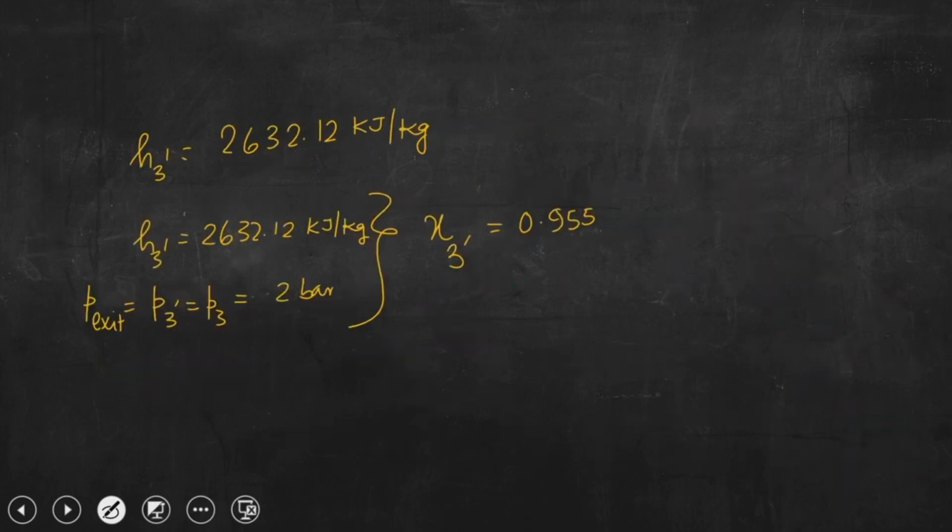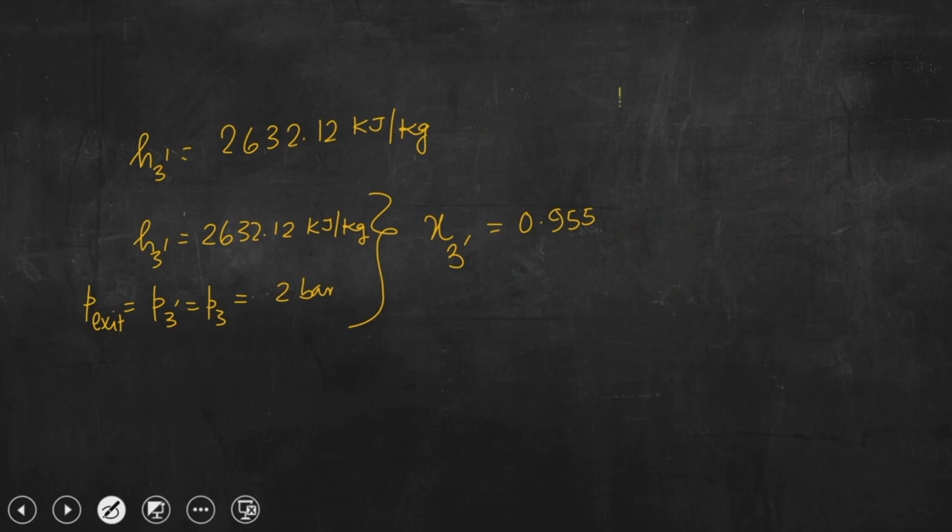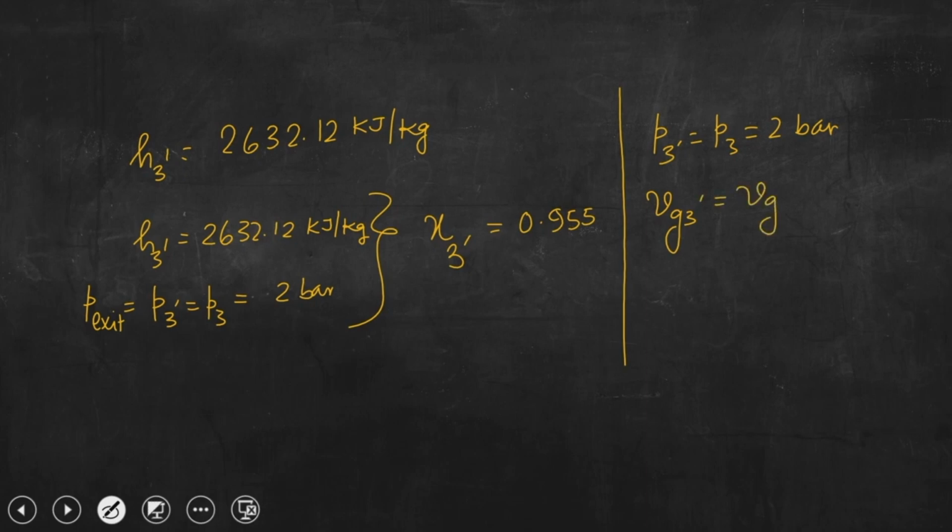Now, what next we need to do? See, exit pressure, that is 2 bar, and what we can calculate is, right. So, let me write here, right. So, P3 prime equal to P3 equal to 2 bar, okay. And we can calculate what would be Vg3 prime equal to Vg, right.